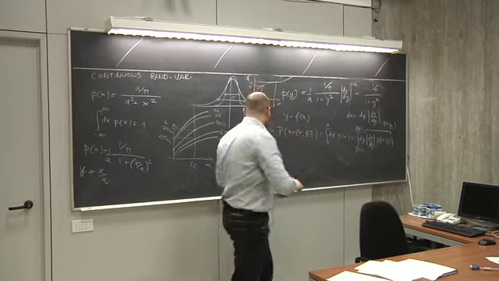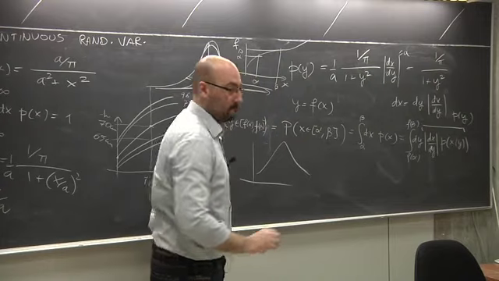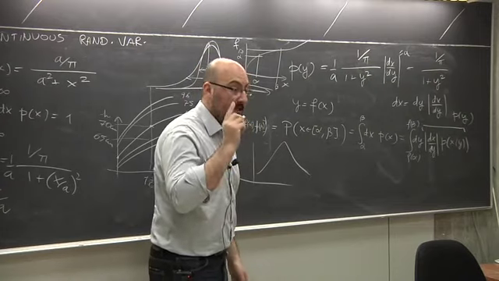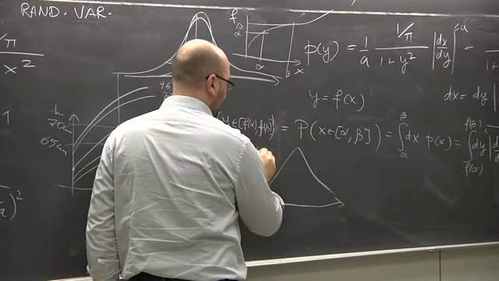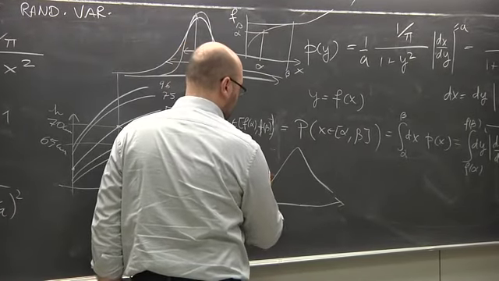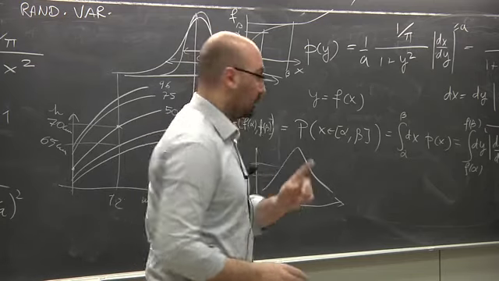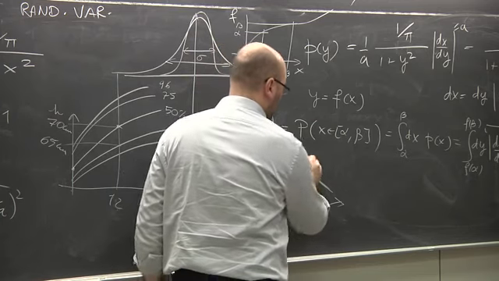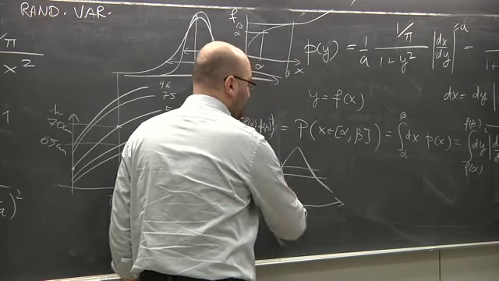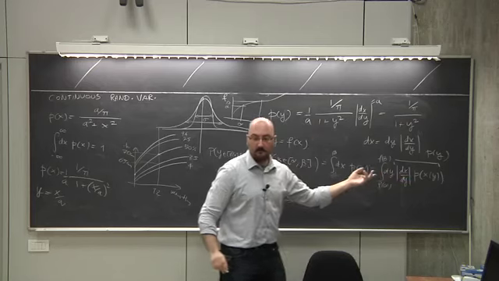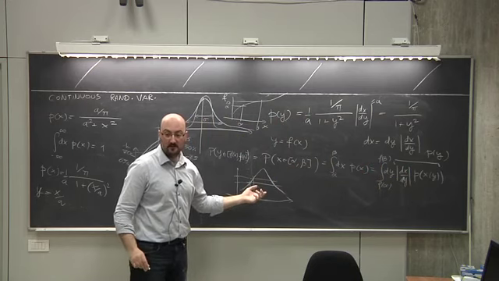If it is like this, then you should break the probability of finding y between this value and this value. It's given by not a simple integral, but the sum of 2 integrals, one on this branch and one on this other branch. Because when you invert the function x of y, you have 2 possible solutions for each limit of the interval.